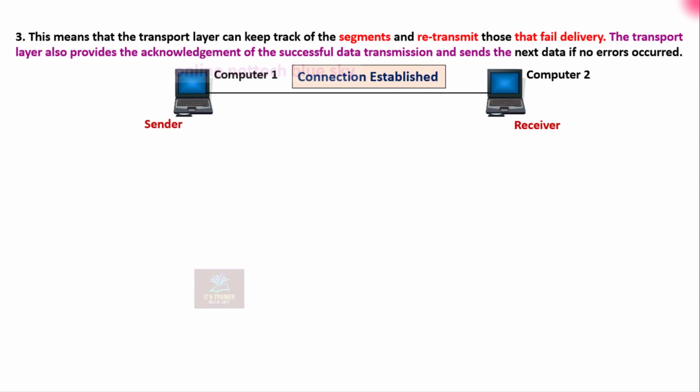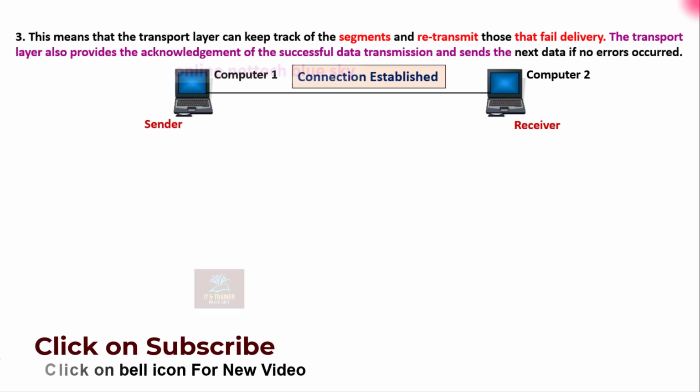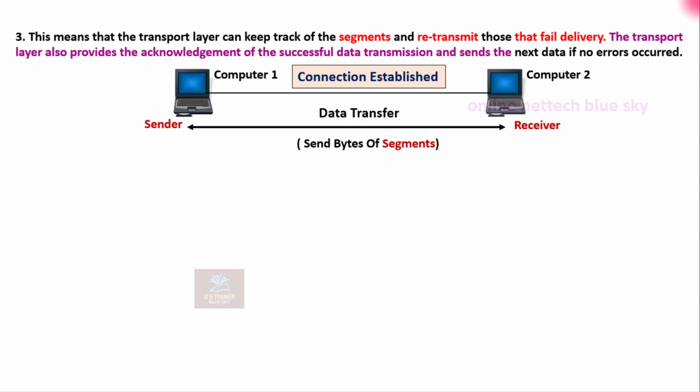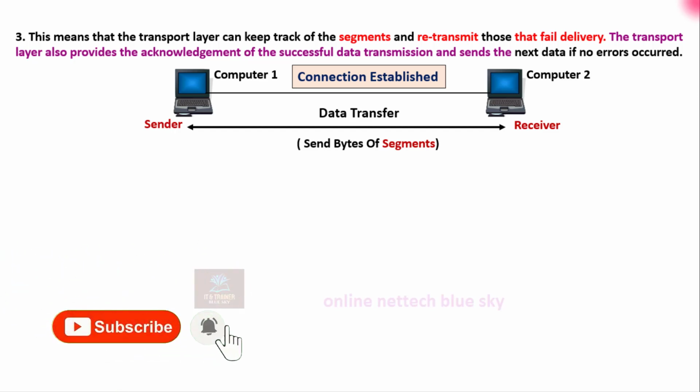Once the connection is complete, you start sending your files and folders, ready to receive any type of data on both sides. So how does data transfer work? First, as I already told you, send bytes of segments: all your computer data, Android data, application data, all of it is binary code.